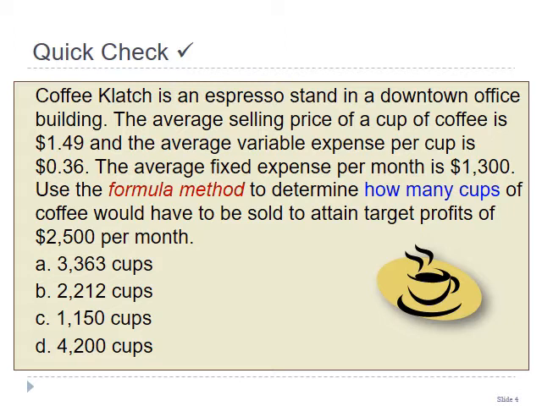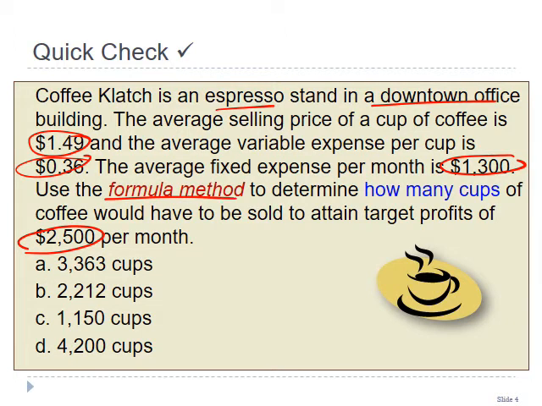Okay, so we're going to read the question again. Coffee Clutch is an espresso stand in a downtown office. The average selling price of the coffee is 1.49. The variable cost is 0.36. The fixed cost is $1,300. Use the formula to determine how many cups of coffee would have to be sold to attain a target profit of $2,500.